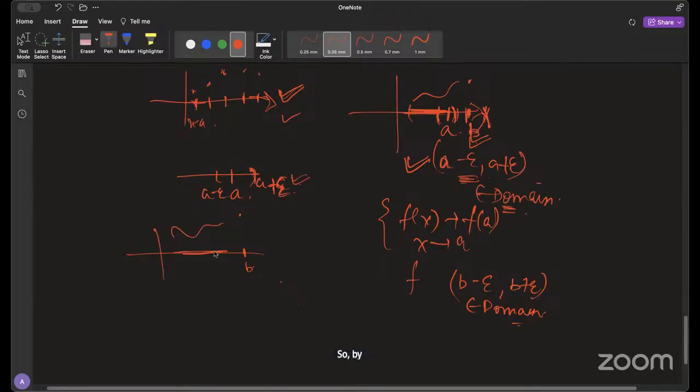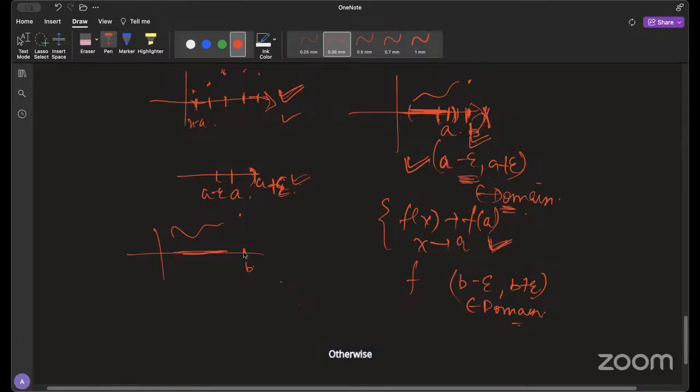So by definition, I think it's gotten a little confusing here. Either you want this thing to be in the domain, then this condition should hold. So if a neighborhood around A is in the domain, you'd want this thing to hold.